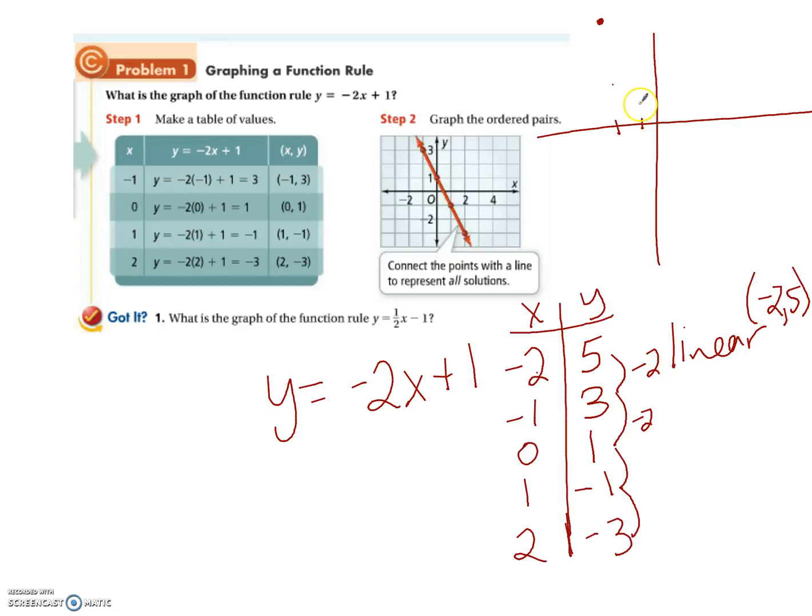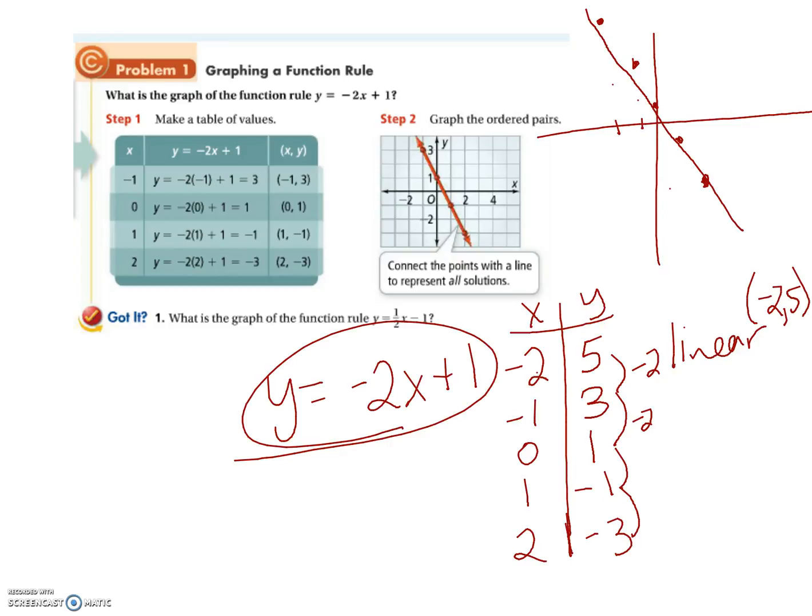Negative 1, and then 1, 2, 3. 0, 1. 1, negative 1. And then 2, negative 3. Then we will connect the dots. So you have just graphed this equation. So here's the graph, here's the table, here's the equation, sorry. Graph, table, equation.